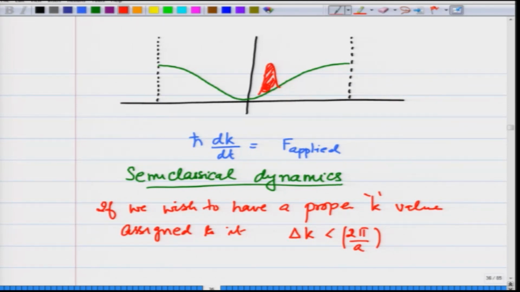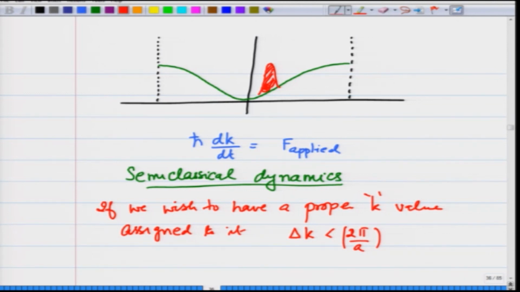Otherwise, it will have no meaning, because after all, the way I described the motion in the previous lecture was that this particle moves in the Brillouin zone. It goes from minus pi by a to plus pi by a and goes back to minus pi by a, because plus pi by a and minus pi by a are the same.